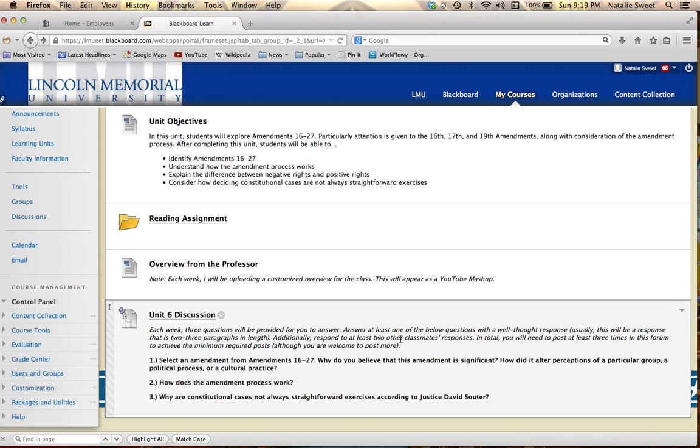And finally, you're going to consider the final piece that you were given for your reading. I want you to think about why constitutional cases are not always straightforward exercises. Think about that. Consider these points. And then, keep in mind as we go forward in future weeks, when we're going to be talking about some divisive issues, we're probably not always going to agree with one another.